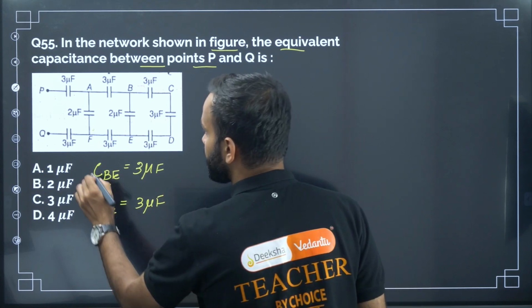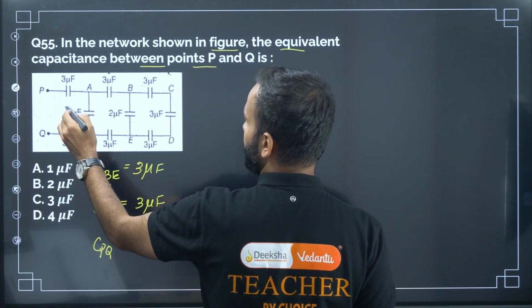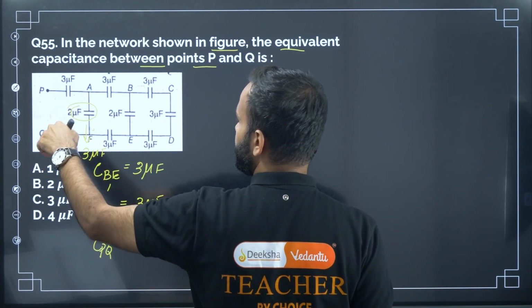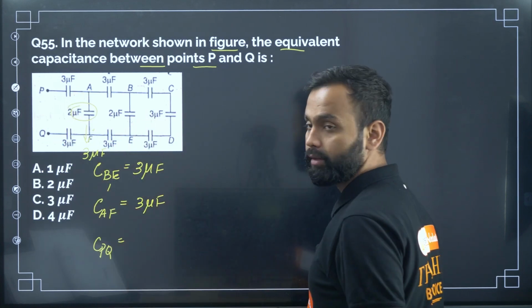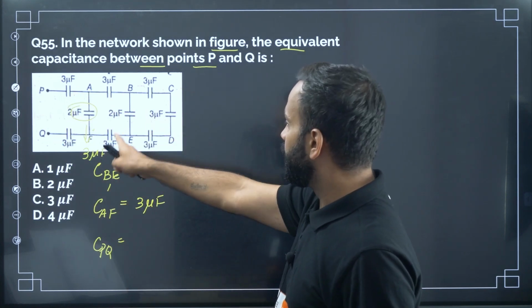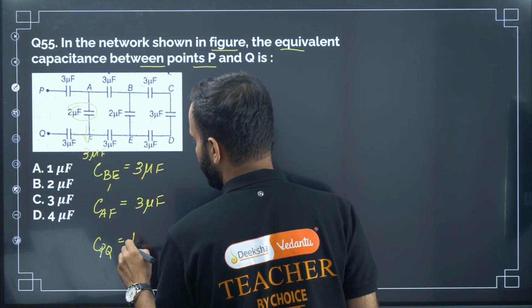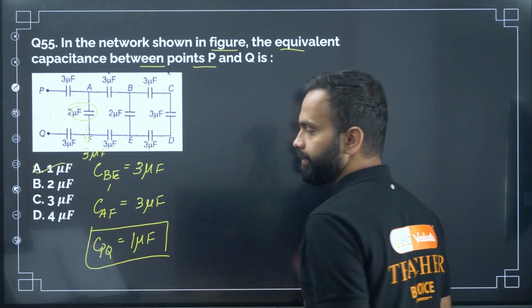So now equivalent capacitance between P and Q. So now this is 3 microfarad, and again these 3 microfarad capacitors are in series, right? So therefore equivalent capacitance between P and Q is 1 microfarad. So the correct option is A.